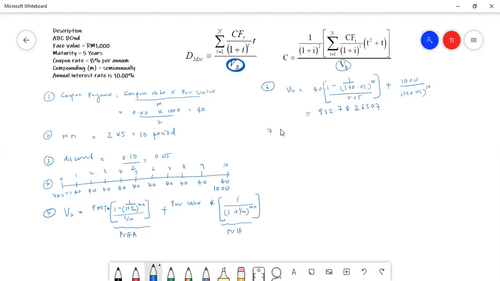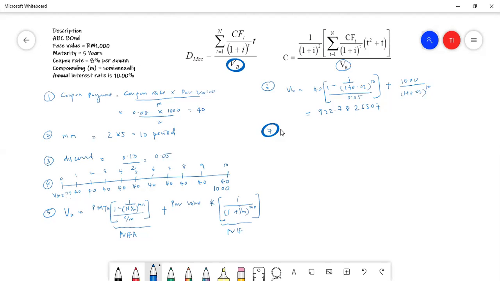Step 7. We want to explain the Macaulay duration. You can see the summation from t equal to 1, meaning you have to calculate the cash flow one by one, discount it and multiply by the period.